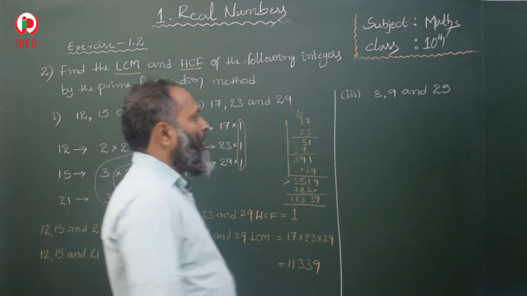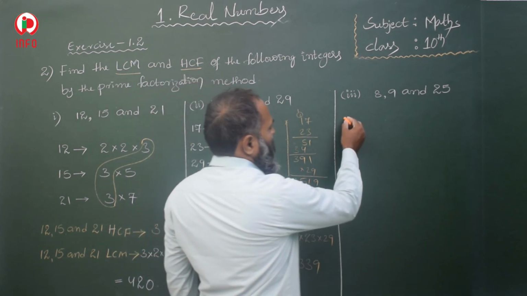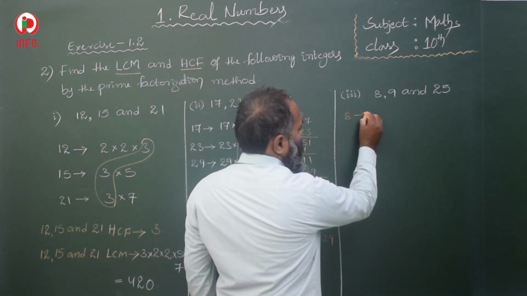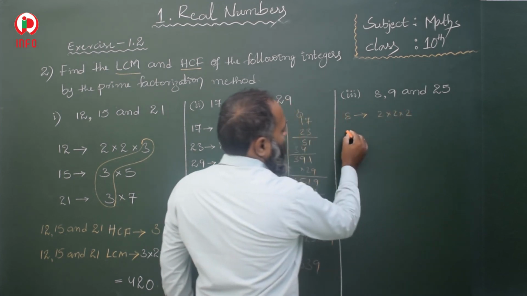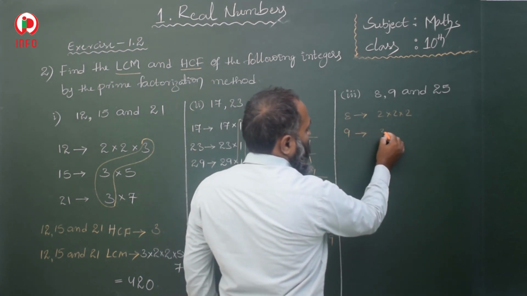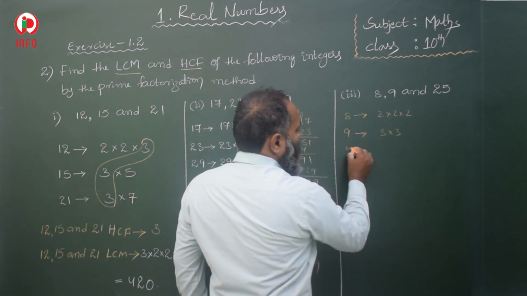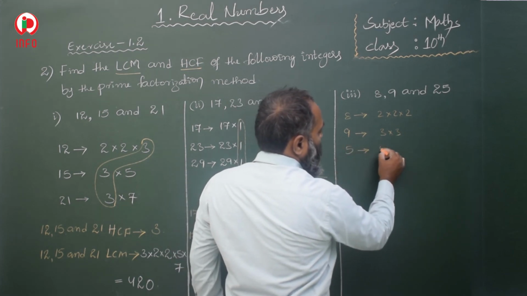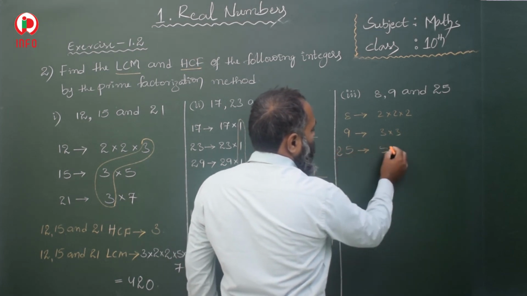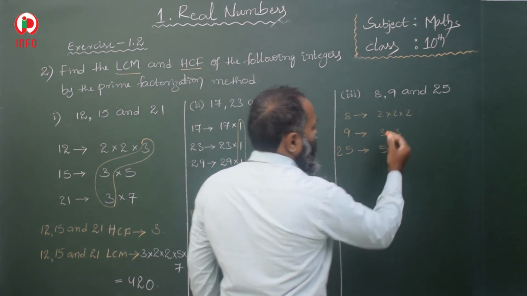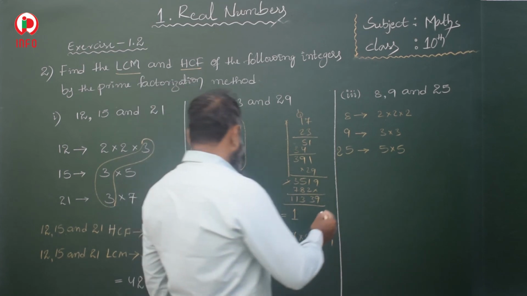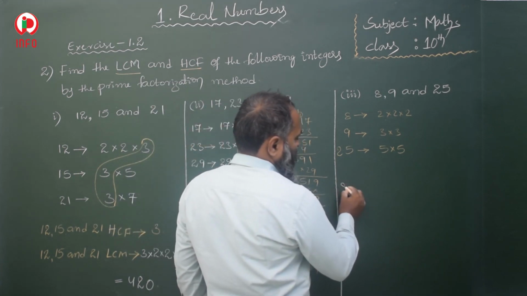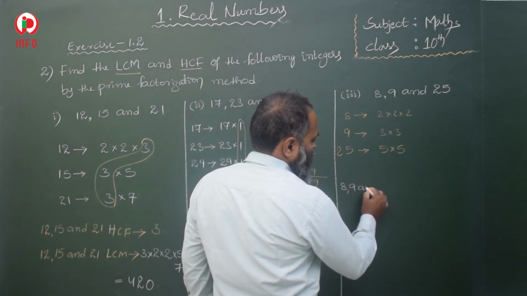Okay. Now the prime factors of 8: 2 into 2 into 2. The prime factors of 9: 3 threes are 9. The prime factors of 25: 5 fives are 25. Now first we have to take the HCF of 8, 9 and 25.